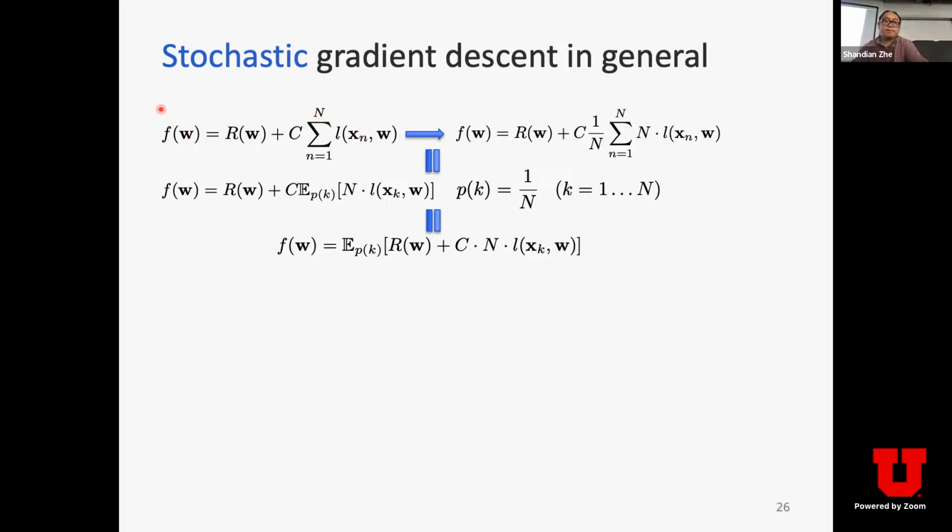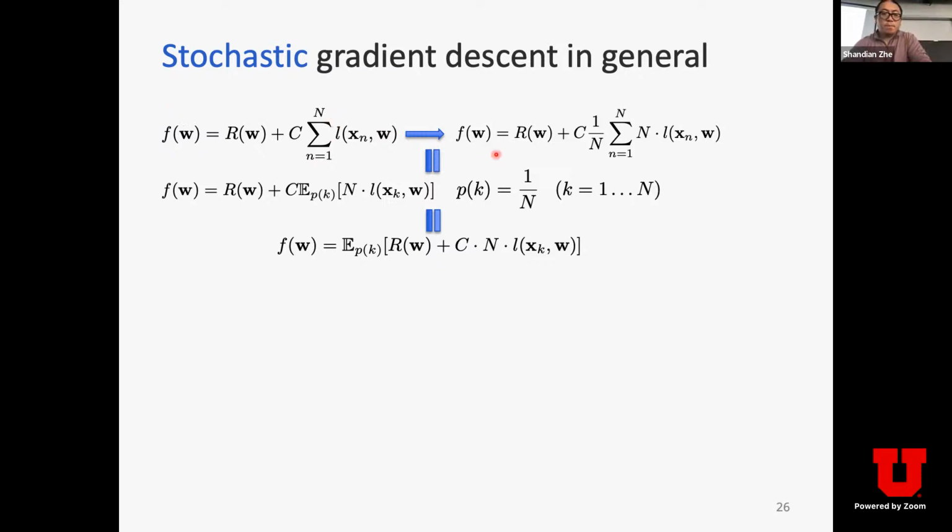So how do we use stochastic gradient descent to optimize f of w? I'm not talking about how to calculate the gradient. If you just calculate the gradient, it's straightforward. Now we want to use a stochastic gradient descent approach. How can we do that?